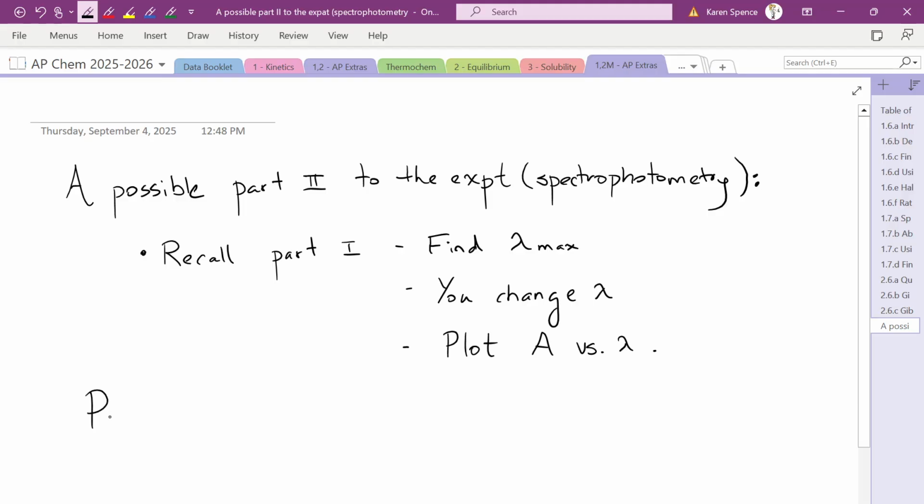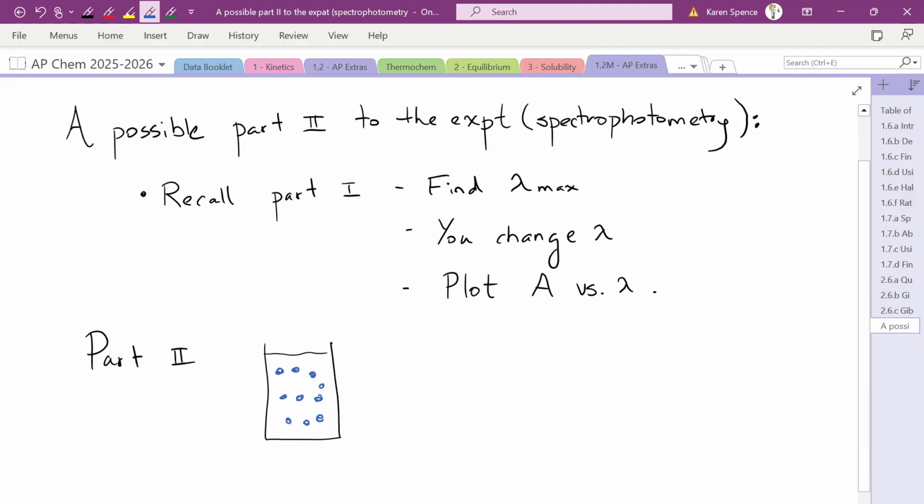Okay, so part 2. We're going to have a reactant here that has a blue substance. And we're going to have reactant B, which is colorless.